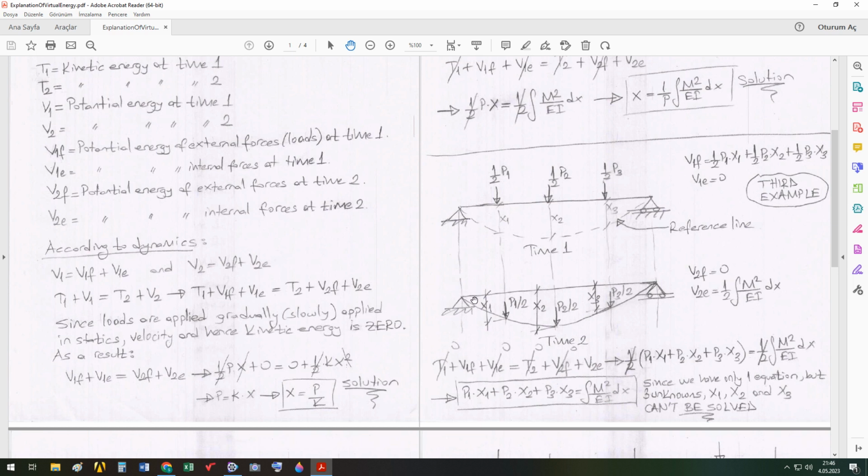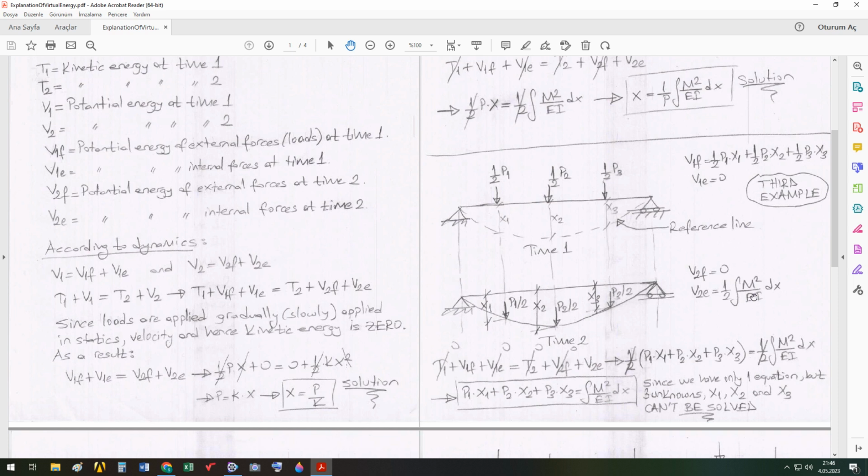But our beam is, as you see here, bent, and the elastic energy stored in it is calculated by means of this equation. Okay, but here M is the moment function, calculated using P1, P2, and P3 values.